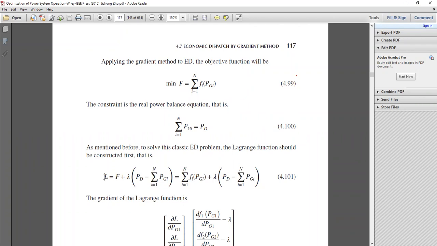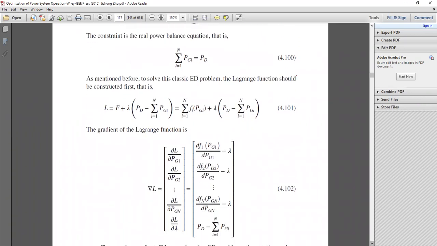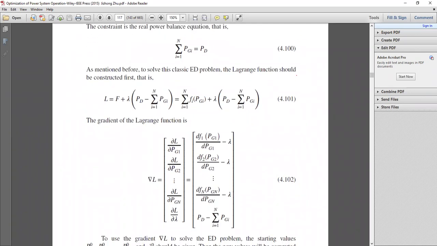We call this new function our Lagrangian L, and then we have to calculate the gradient of this Lagrangian. In total, there were n plus 1 unknown variables: n was the number of unknown generator real power outputs, and there was a lambda, which is another unknown, the Lagrange multiplier.